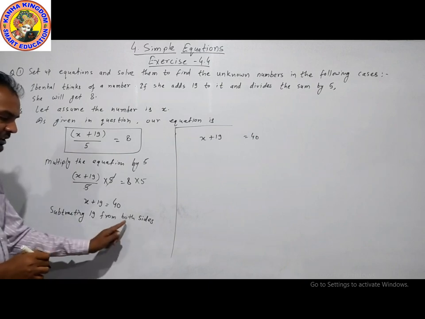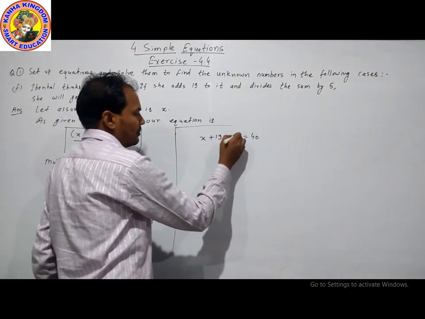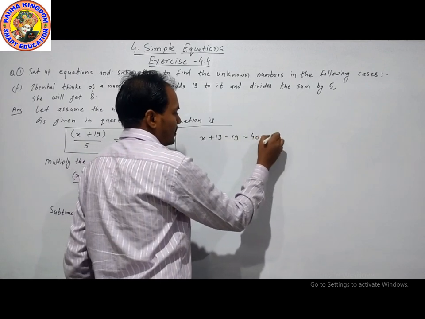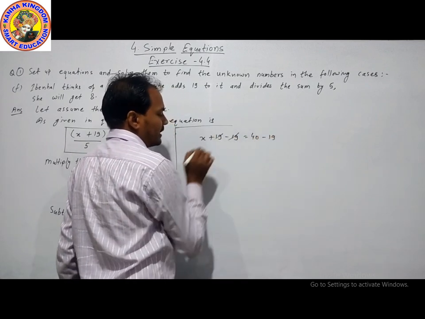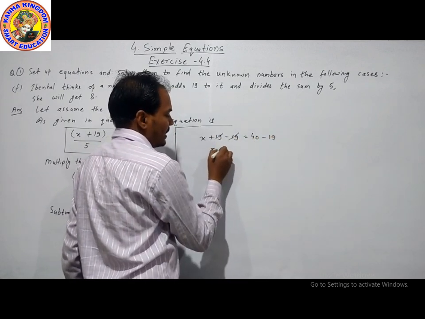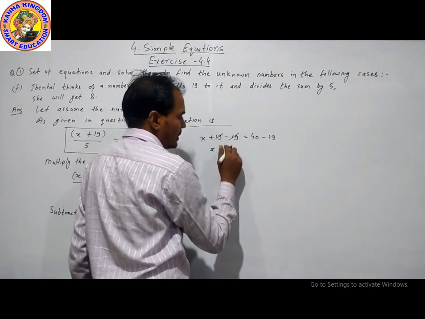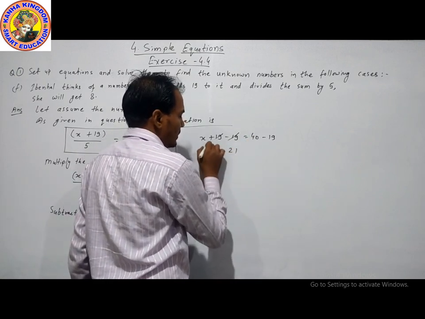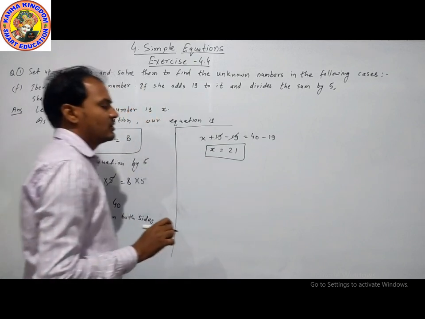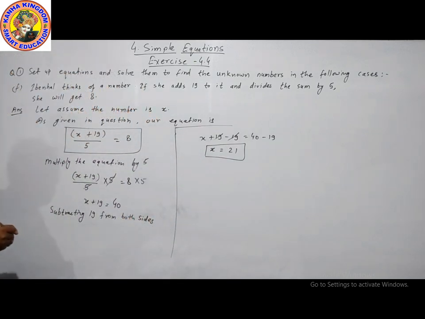Minus 19 from both sides. Minus 19 and minus 19. Here 19 and 19 will be cancelled. Remaining is x is equal to 21. Our answer is x is equal to 21.